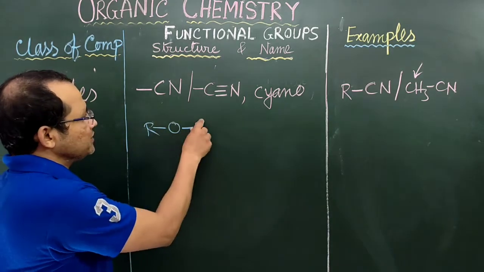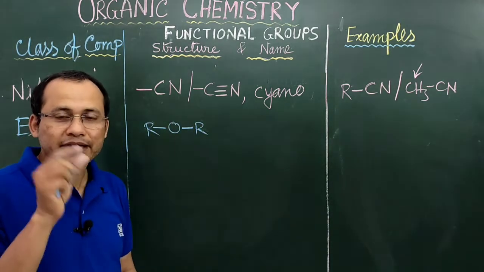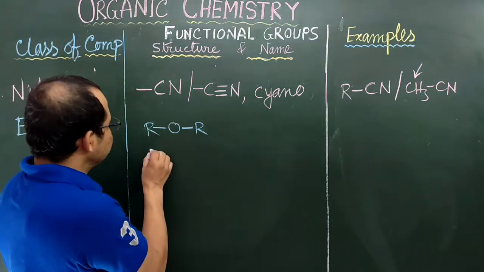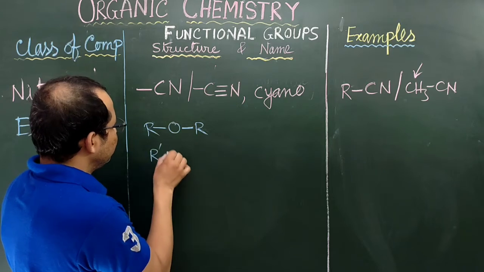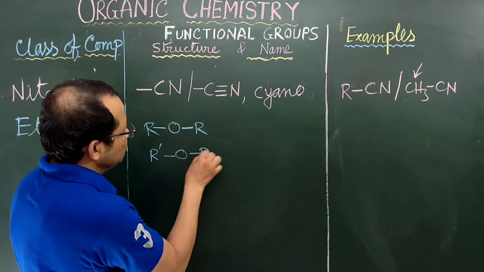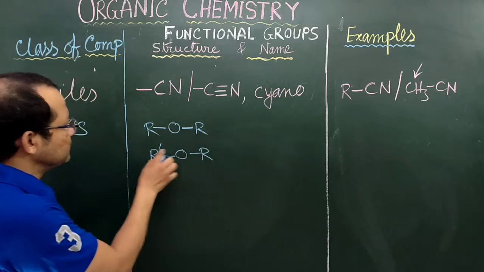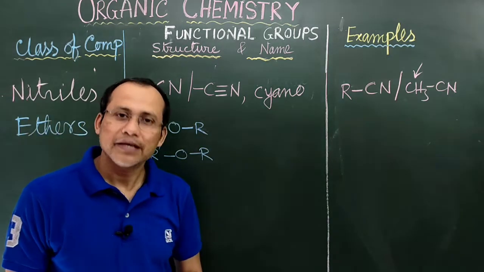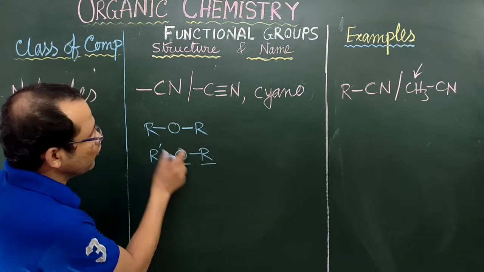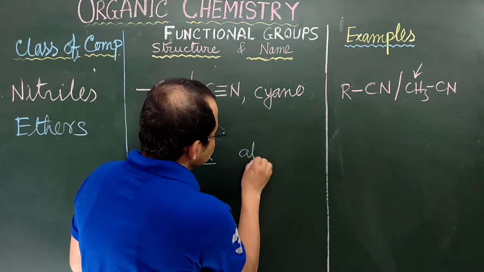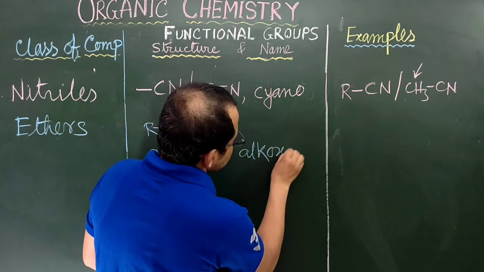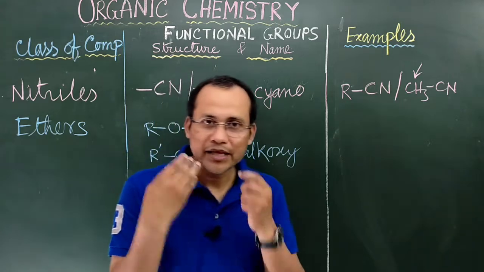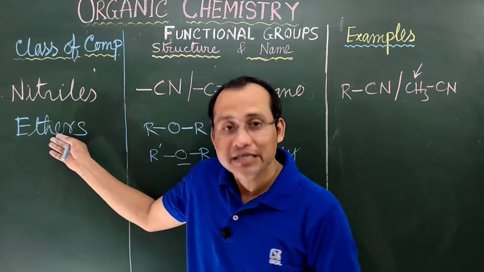If this R and this R are the same, then this type of ether is called a simple ether, and if these two are different, maybe R and R dashed, indicating that they are different, then in this case it will be a mixed ether. Alkyl and oxy, collectively known as alkoxy. So the alkoxy group is the functional group of ethers.